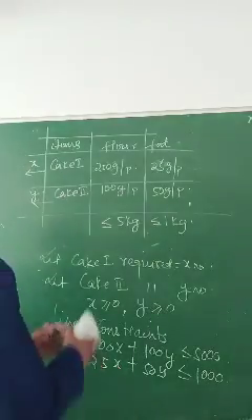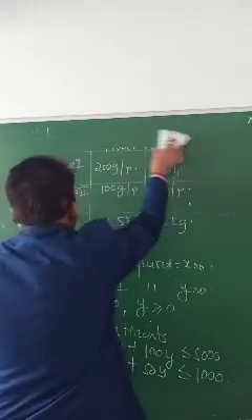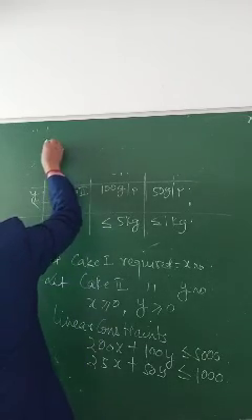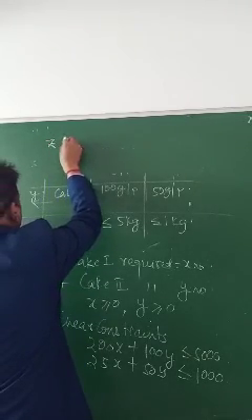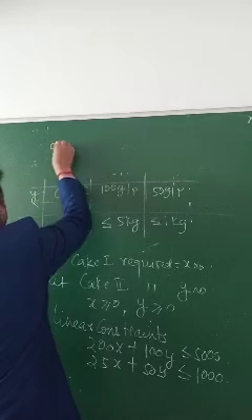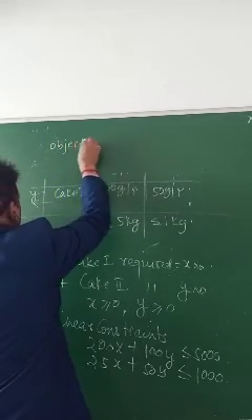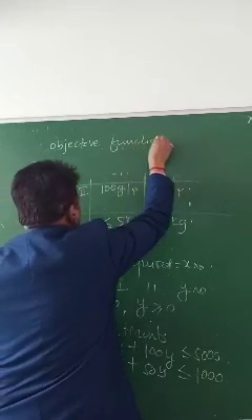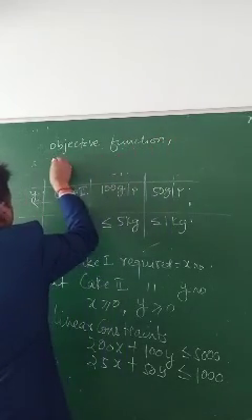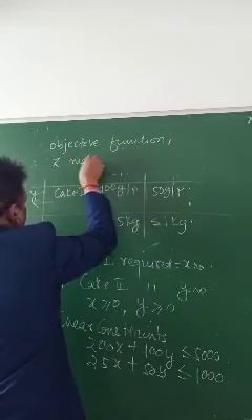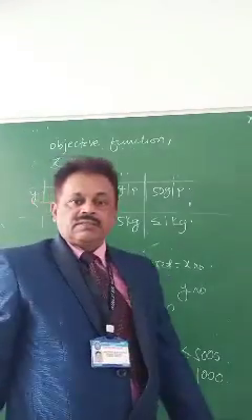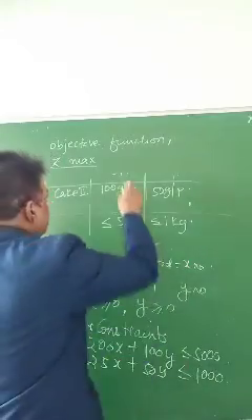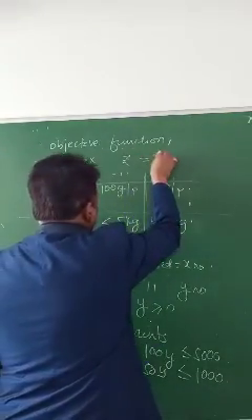Now the objective function Z. The objective function is the maximum number of cakes. We don't know how many, but we have taken x and y, so Z will be x plus y.